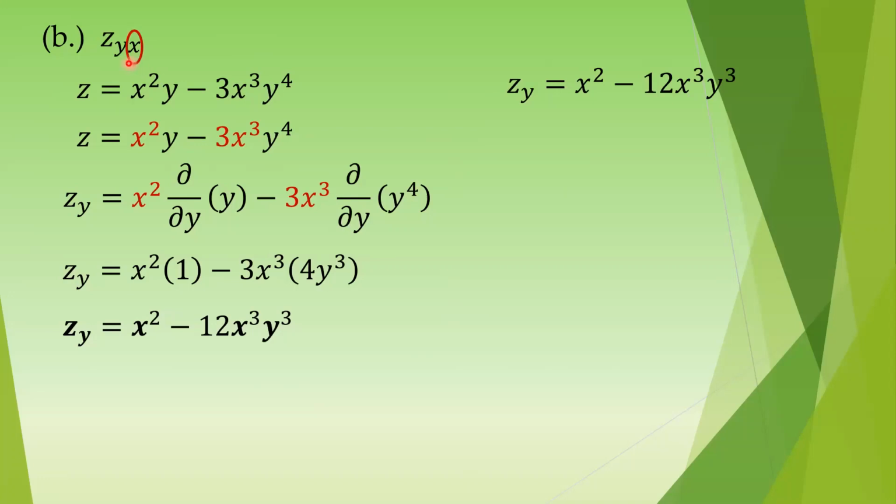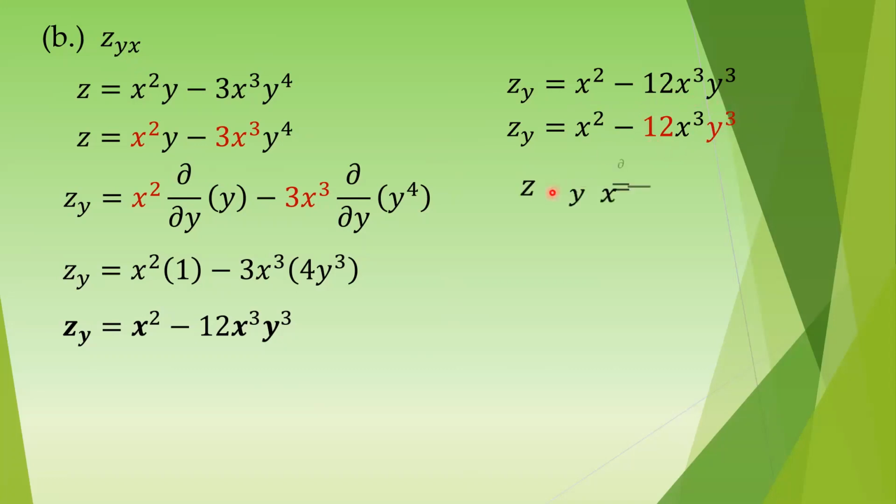Kasi tayo with respect to x na. So ngayon, yung y naman na magiging constant. Yan, read natin yung 12 at y cubed kasi yan ay constant muna. Then, differentiating. Again, ito ay partial derivative ng x squared minus partial derivative ng 12x cubed y cubed.